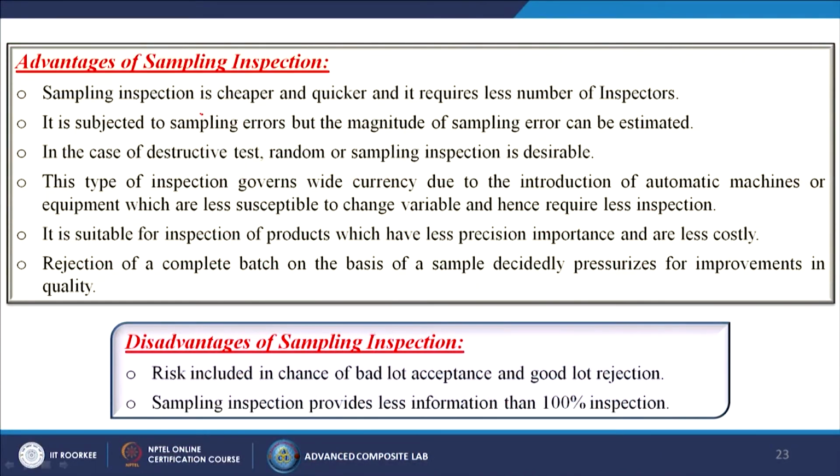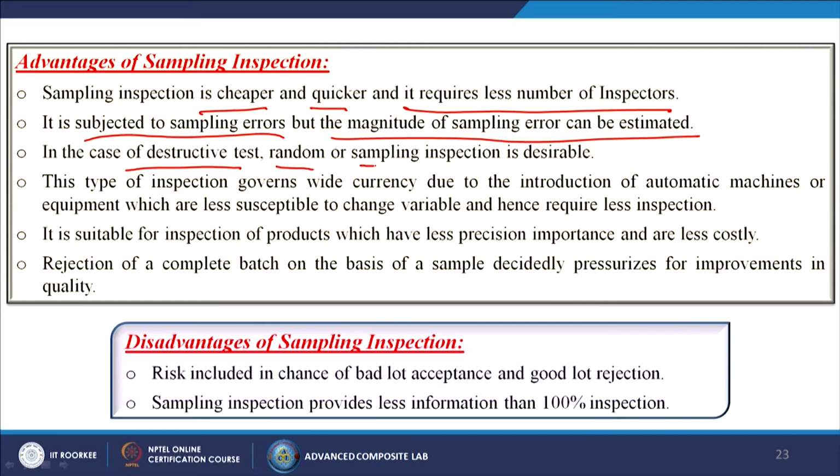Now, what are the advantages of sampling inspection? Sampling inspection is cheaper and quicker, and it requires fewer inspectors. It is subject to sampling errors, but the magnitude of sampling error can be estimated. In the case of destructive tests, random or sampling inspection is desirable.